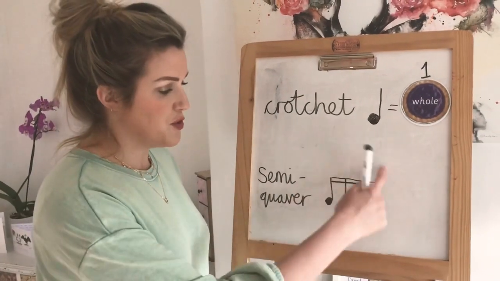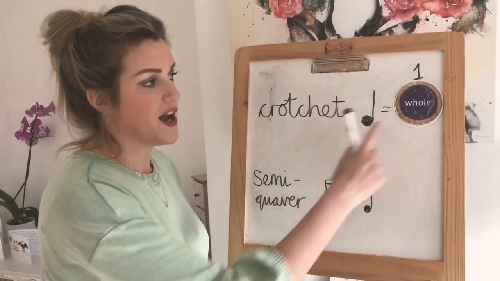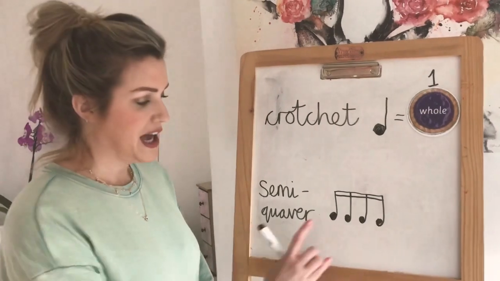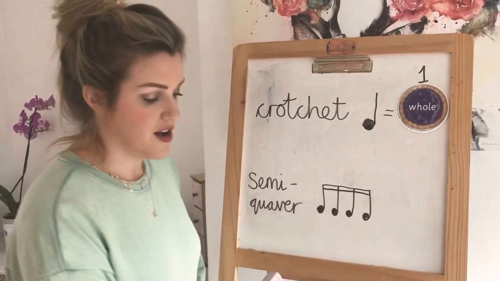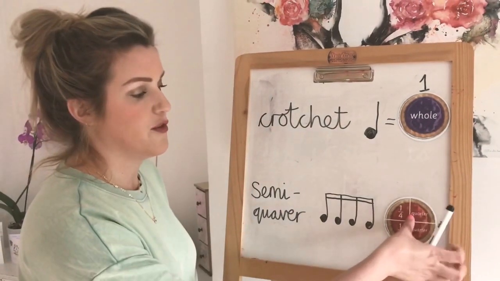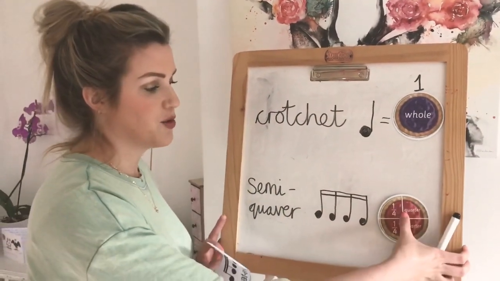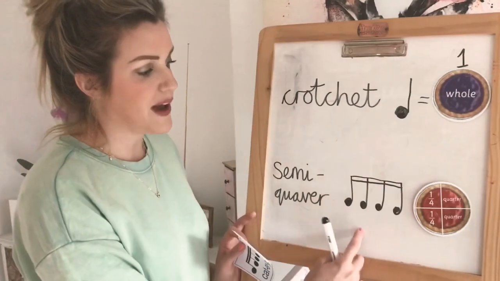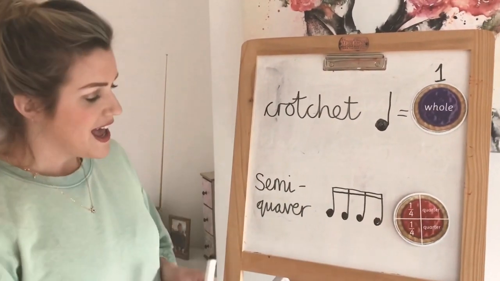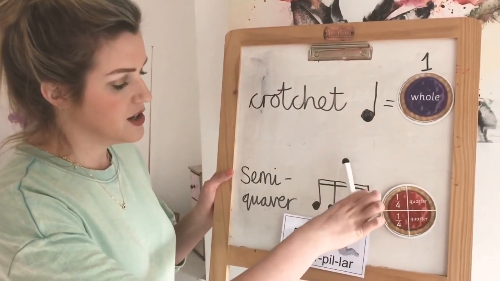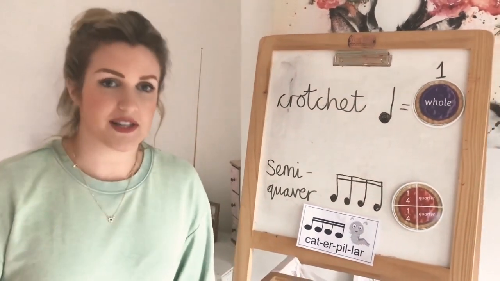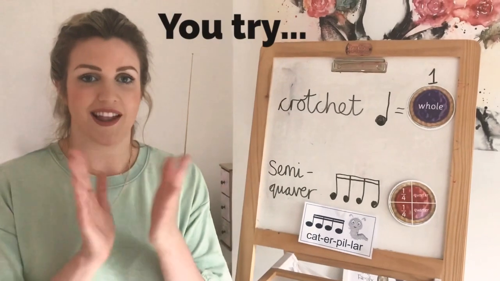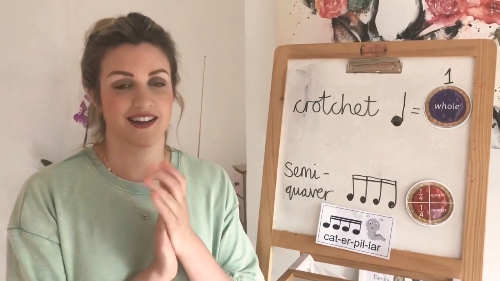So if 4 semiquavers make one beat, how much is one semiquaver worth? A quarter of a beat. So 4 semiquavers make one beat. For this, we are using caterpillar. This is my favourite one because it's quite fast, and it's caterpillar, caterpillar.